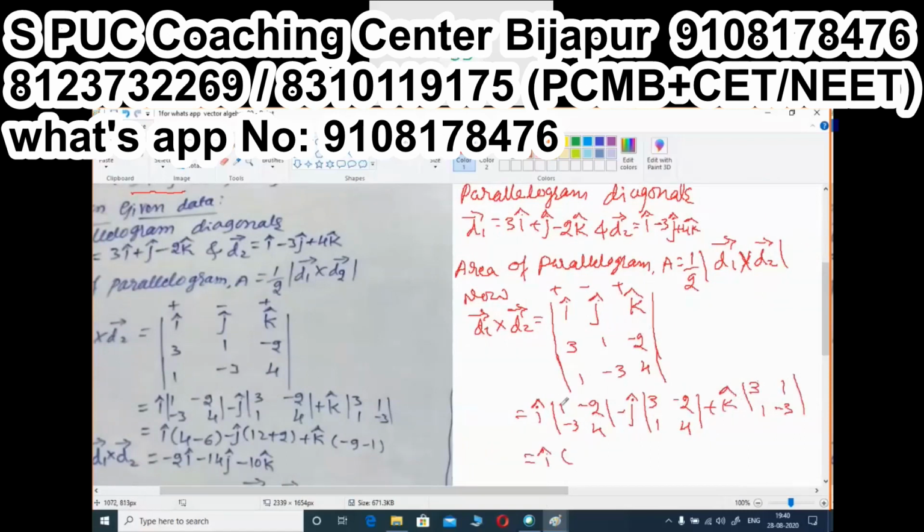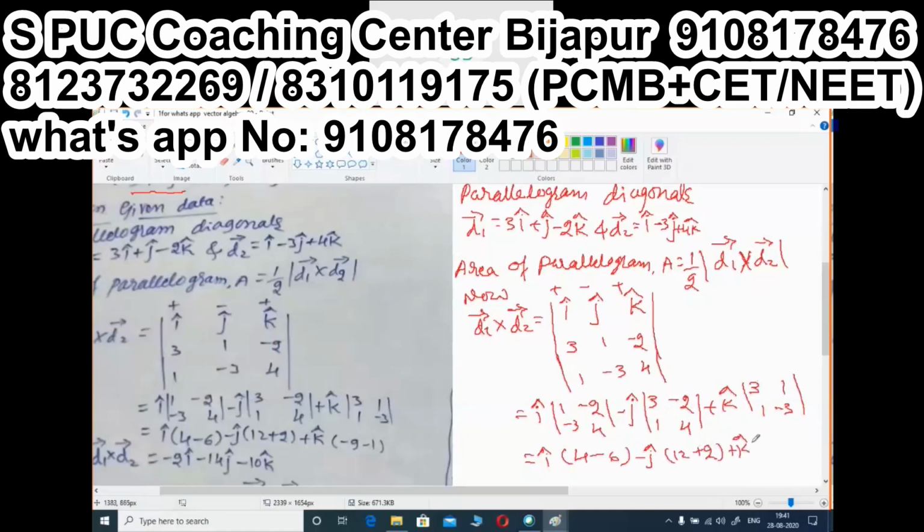So this is 1 into 4, 4. Here be careful, minus both are minus, minus minus plus is going to happen. That is 6, minus 6, that is minus 6. Okay, minus j cap of, so 3 into 4, that is 12, and 12, here be careful about this, that is minus 2, minus plus 2, of minus, that is plus 2.